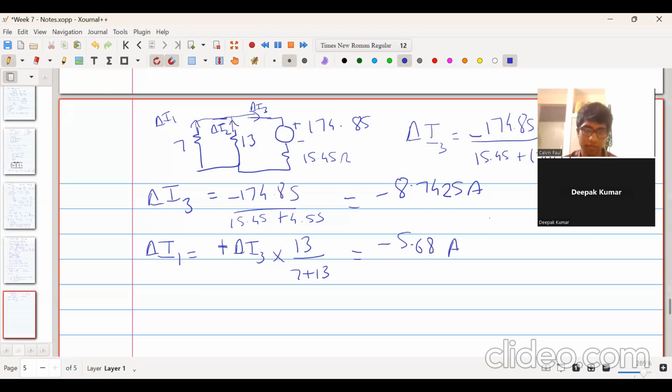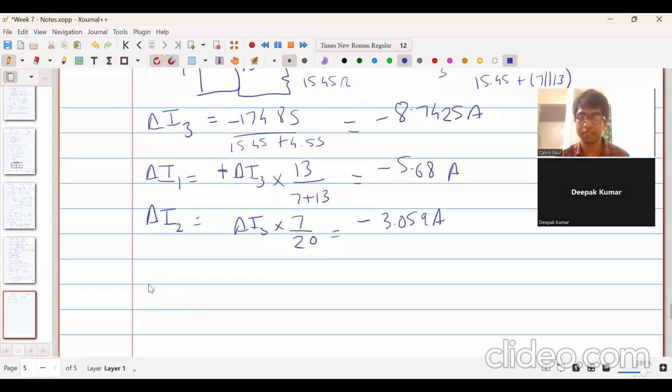Similarly, delta I2 will be equal to minus 3.059. These are the changes in the currents.